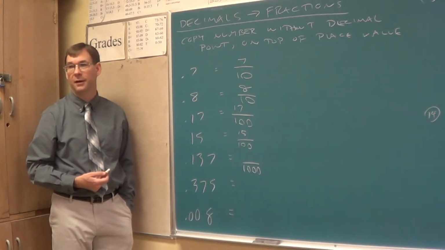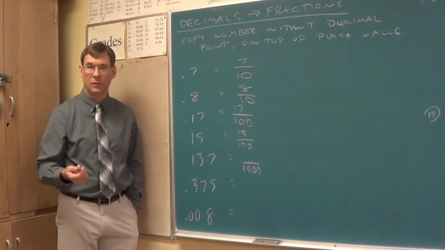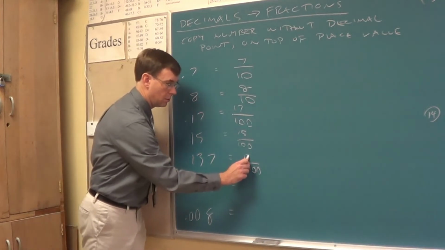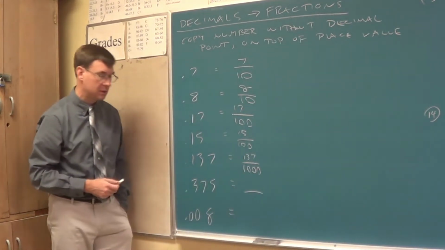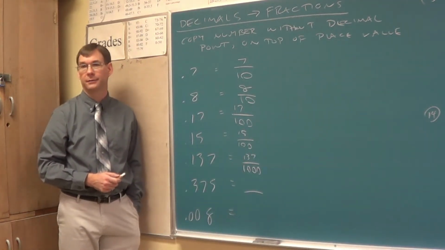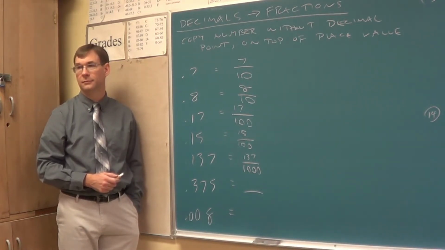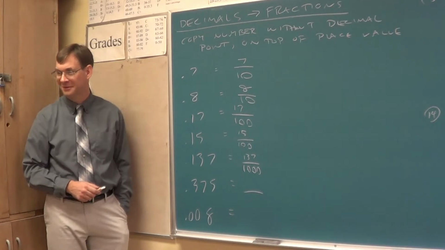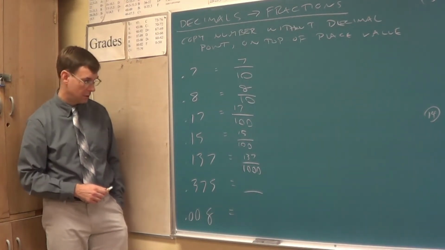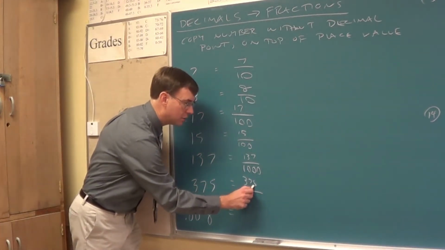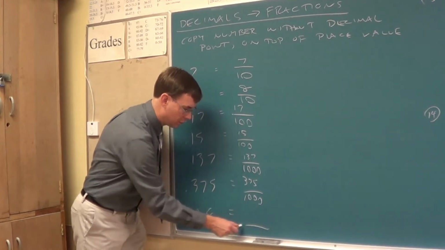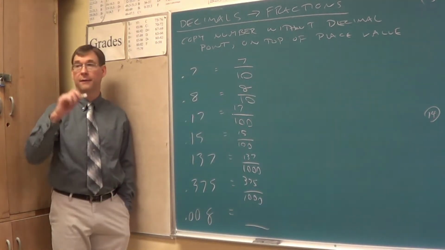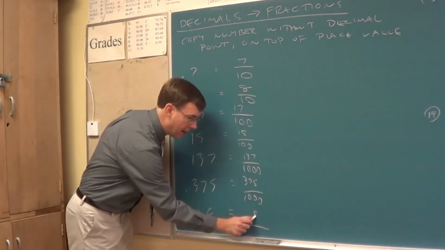Somebody that didn't go yet? 137 over 1,000. Somebody else that didn't go yet? I'll pick on you because you're close. 375 over 1,000 is good. Last one? 8 over 1,000 is good.